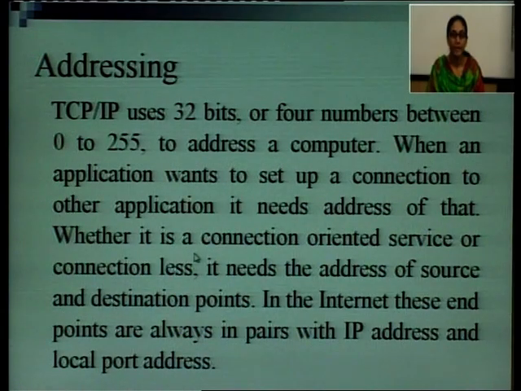The connection can be connection oriented or connectionless, but basically it requires the address of the source and destination points. So whatever kind of communication or service is used doesn't matter, we have to know the address of the source and destination points.